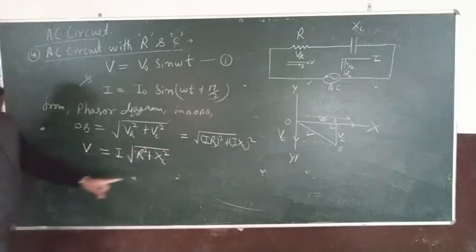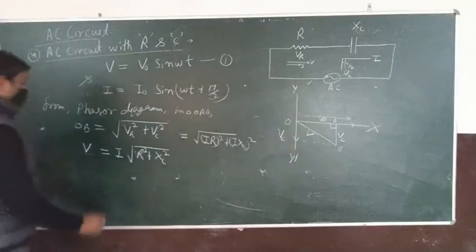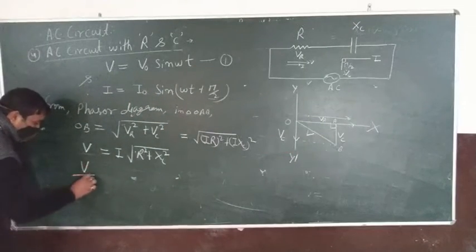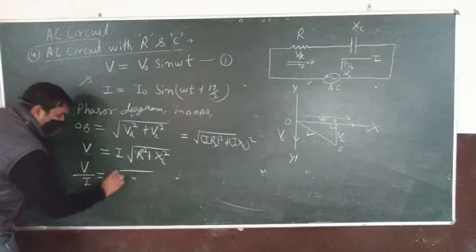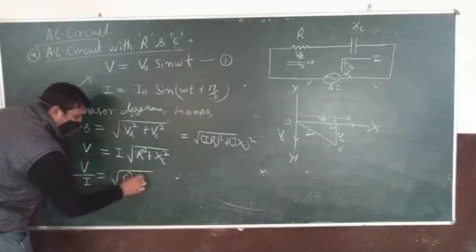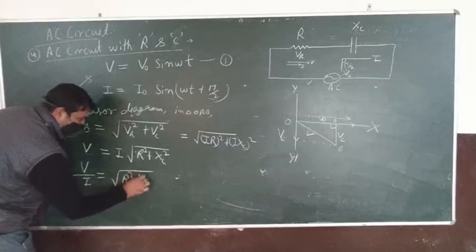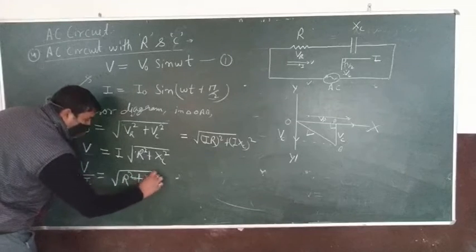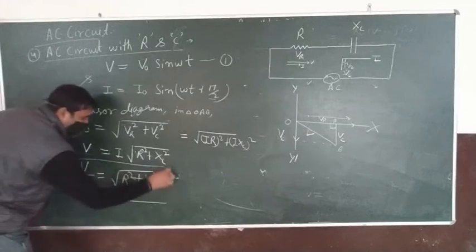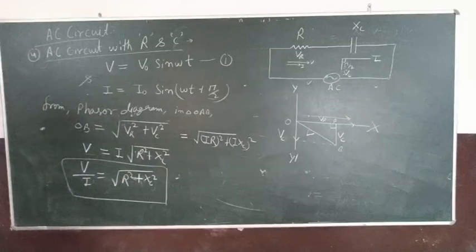This is the value of V. Now, here we get V upon I is equal to square root of R square plus XC square. This is the value of impedance in the circuit containing resistance and capacitor only.